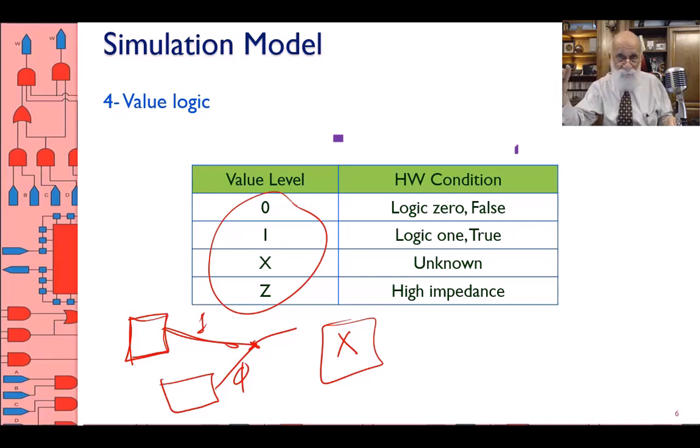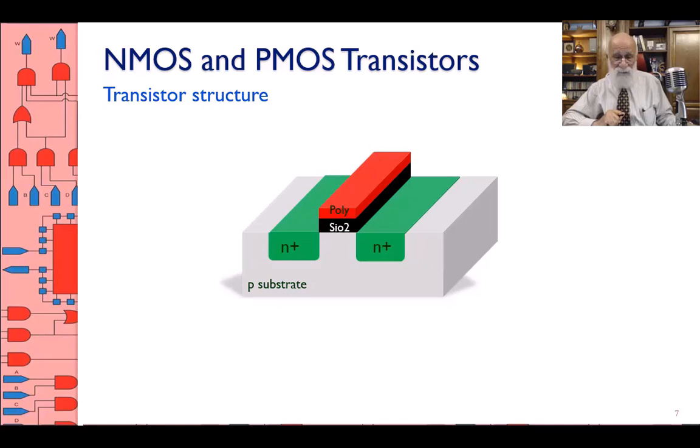Not a 2-value logic system, not just 0 and 1: 0, 1, Z, and X. And then the simulator that is using this 4-value logic, using these components or models that I have, will also be displaying 0, 1, Z, and X, which we will see actually. We will see a simulation run that shows a Z, an X, a 0, and a 1. All right, that's it for the simulation.